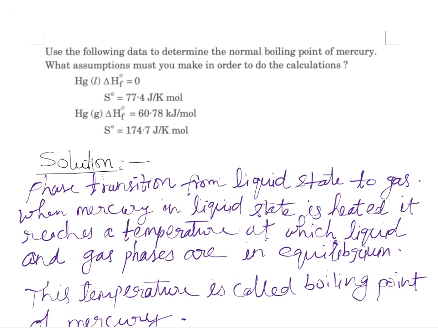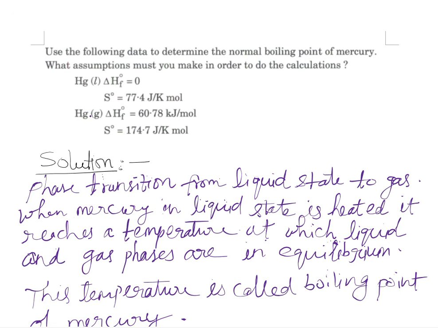So these are the standard state in which the delta HF naught, that is the heat of formation of mercury in the liquid state, is given to be equal to 0, and S naught, that is entropy in the standard state of the liquid mercury, is 77.4.